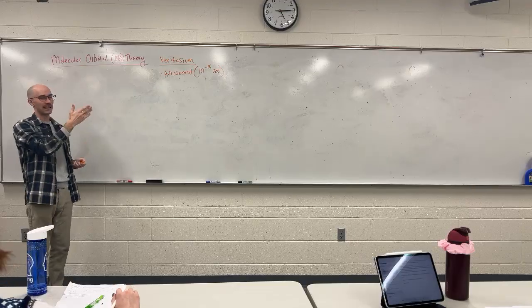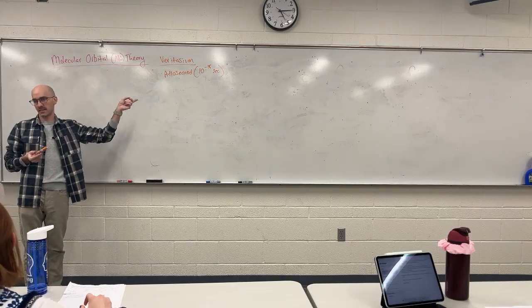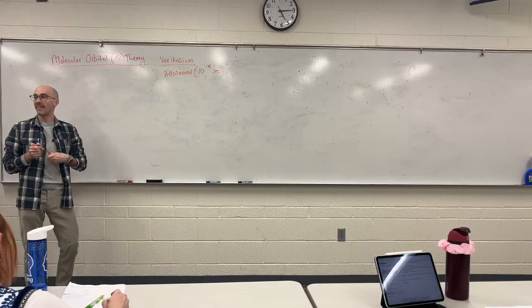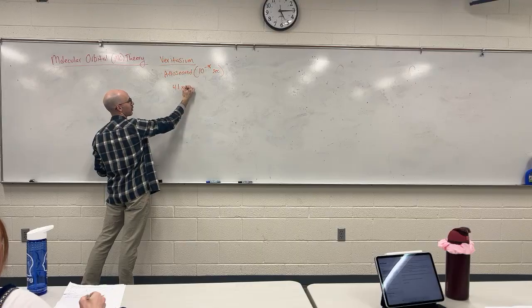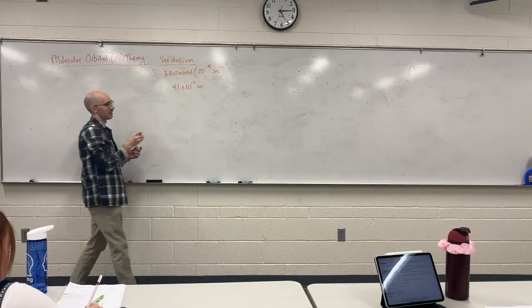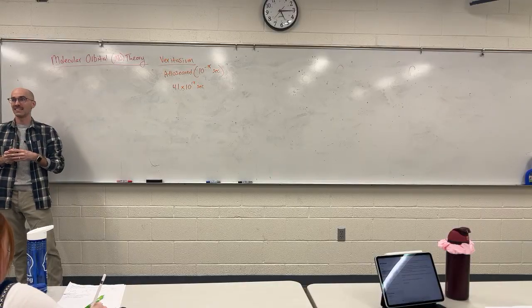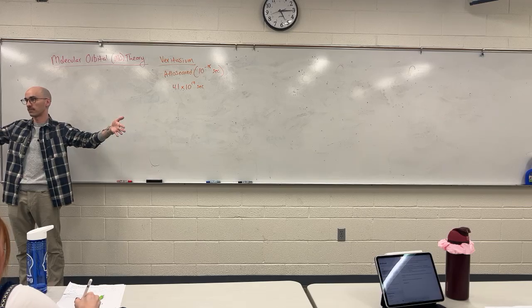So how many attoseconds in 1 second? 10 to the 18 attoseconds every second. And the number of seconds in the age of our universe, I did some back of the envelope calculations earlier today. There are about 4 times 10 to the 17 seconds in the 13 billion year lifespan of the Earth. Sorry, of the universe, not the Earth.